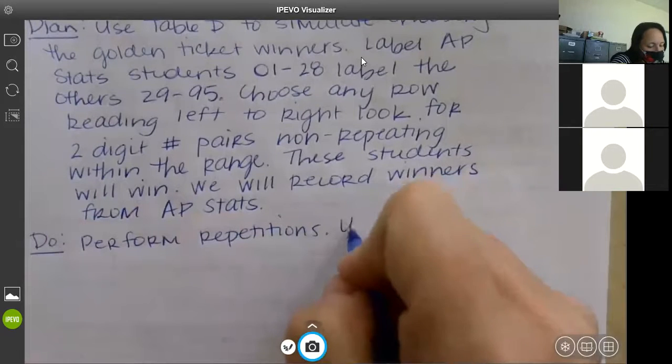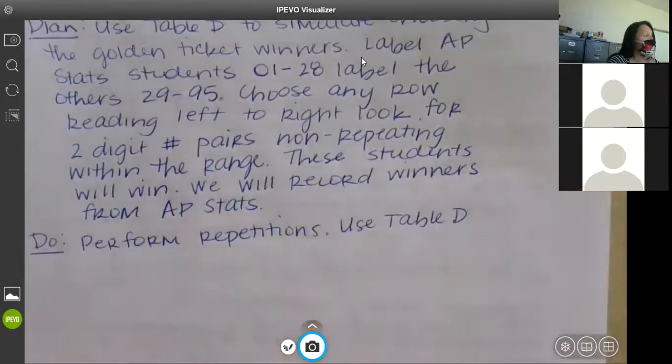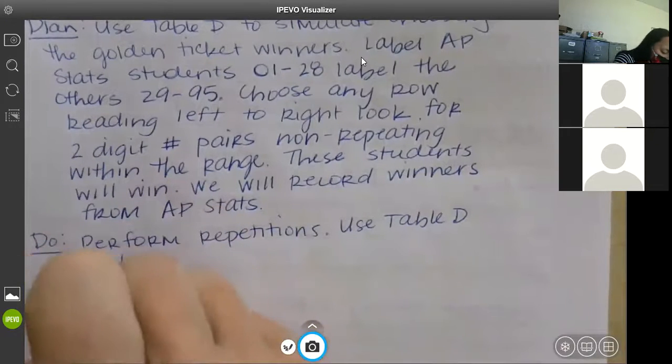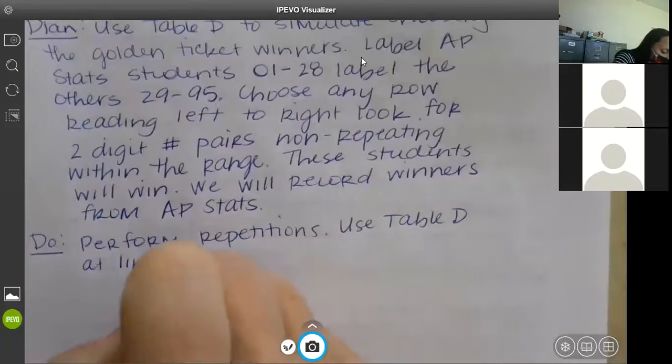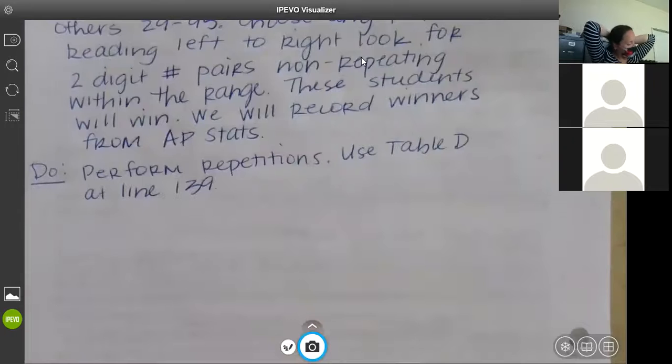And I'm going to go ahead and tell you right now, we're going to use table D. You choose whatever line you want to when you're doing your problem, like if it's on the test or whatever, they'll probably tell you specifically which one to do. But I'm going to tell you right now, we're going to use table D at line 139. I need somebody to look that up.